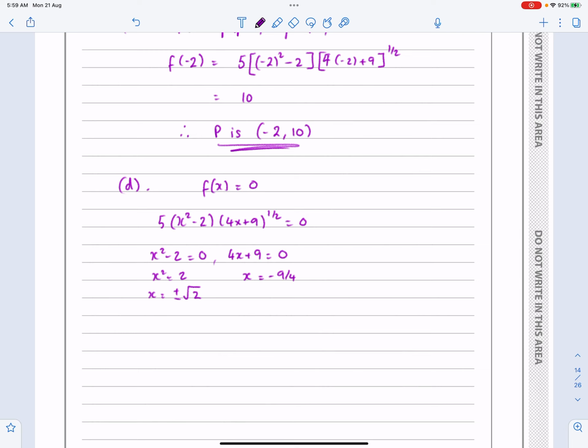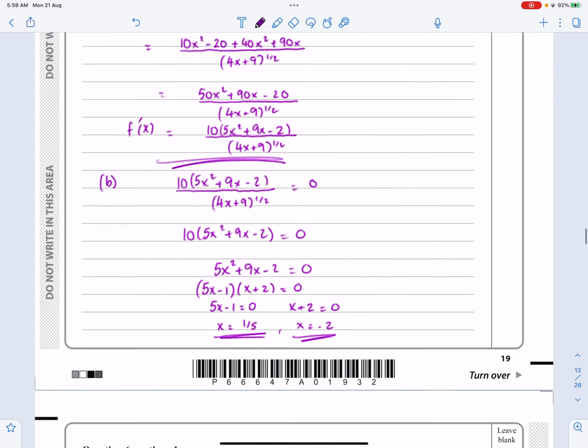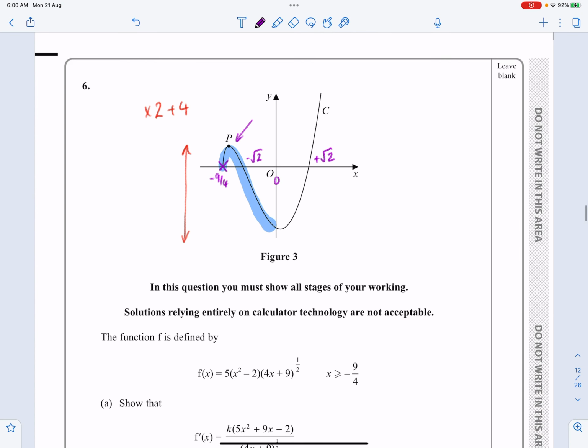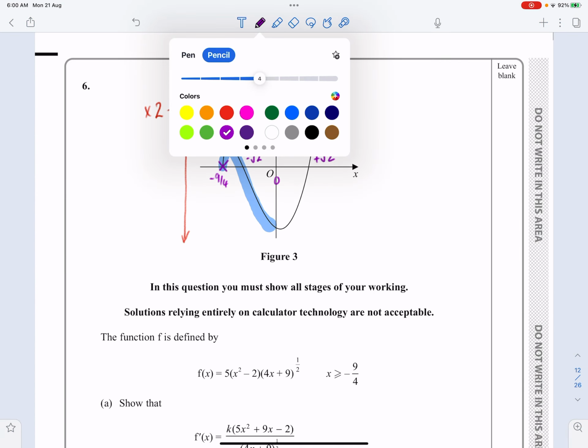So let's work out f(0) then. So f(0) is going to be 5 lots of 0 squared minus 2, 4 lots of 0 plus 9 to the half. And if you plug that all in, it works out to be minus 30. Got minus 10 from that bit and 3 from that bit. So now going back to the graph again, sorry I'm jumping up and down all the time.